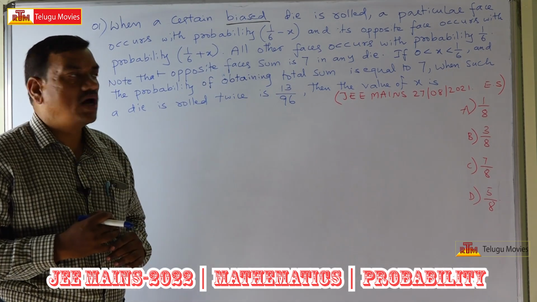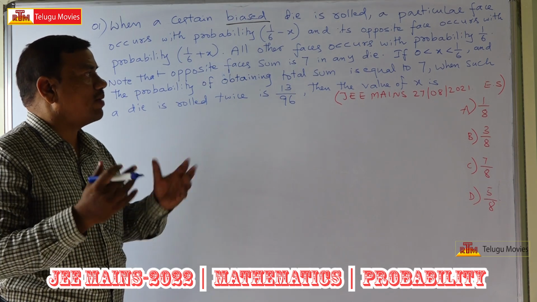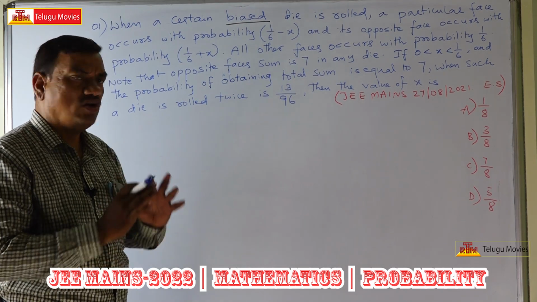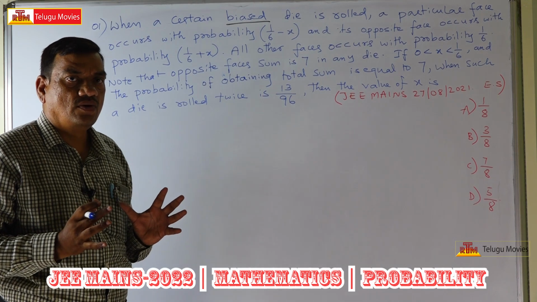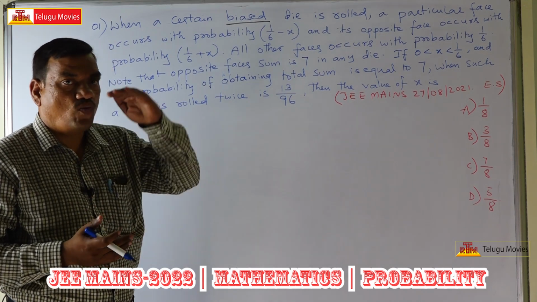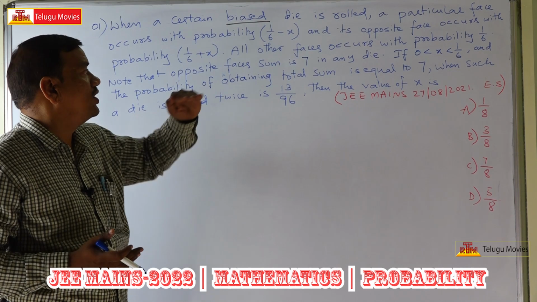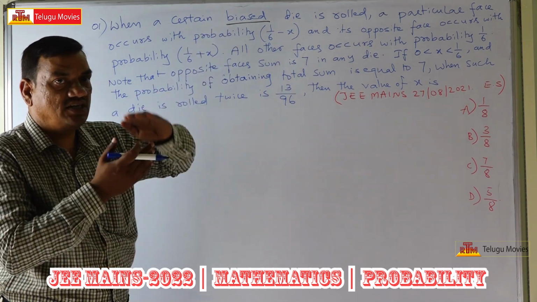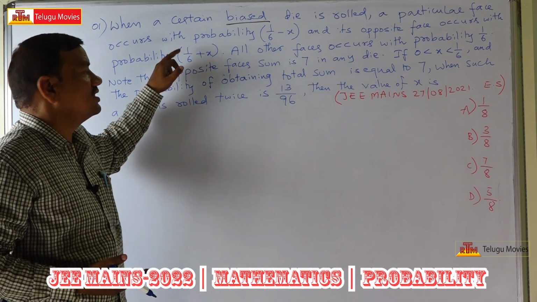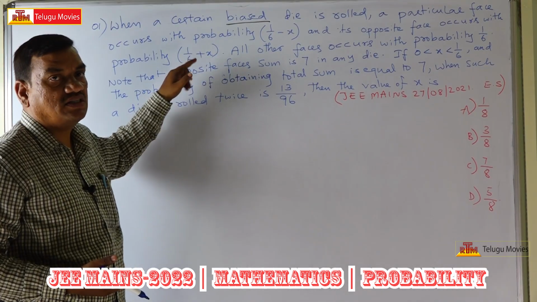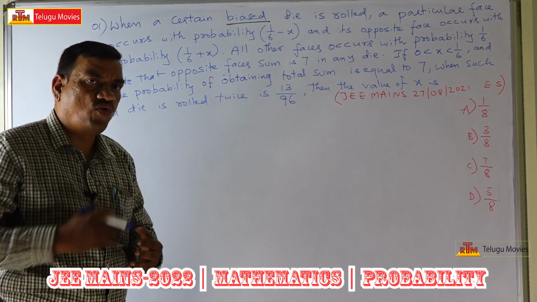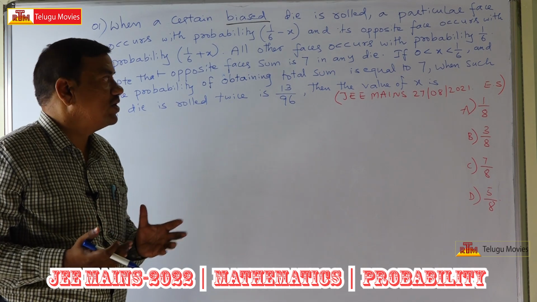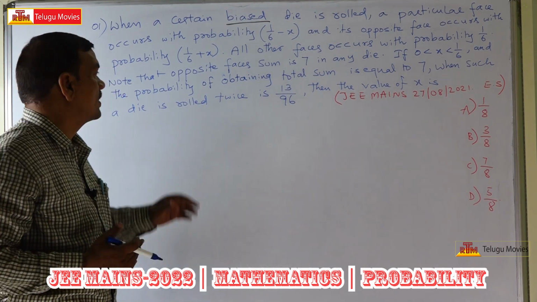All other faces occur with the probability 1 upon 6. All 6 faces are there. One face occurs with the probability of 1 upon 6 minus x and its opposite face occurs with the probability of 1 upon 6 plus x. The remaining 4 faces occur with the probability of 1 upon 6.